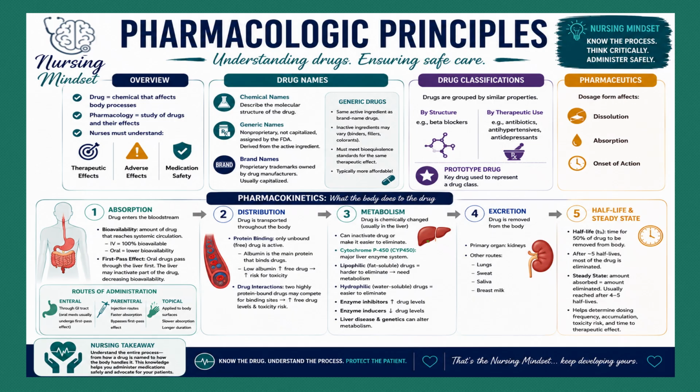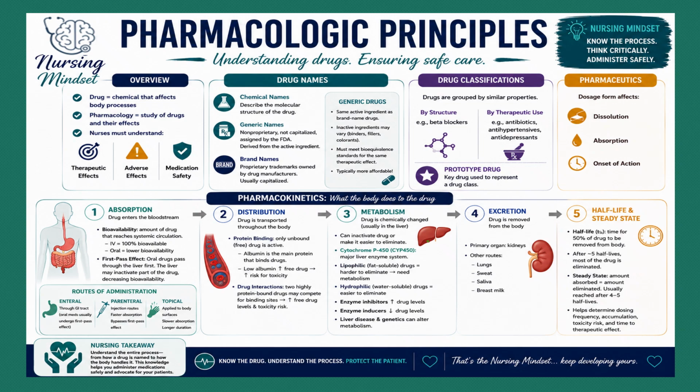All right, let's move into distribution. Once the medication is in the bloodstream, it has to travel to its site of action. Many medications bind to proteins such as albumin. When that happens, only the unbound or free medication is active. So a patient who has low albumin levels may have more free medication circulating, which increases the risk for toxicity.